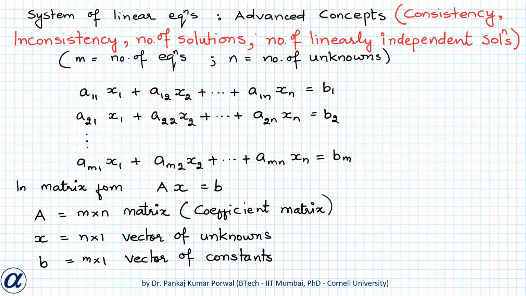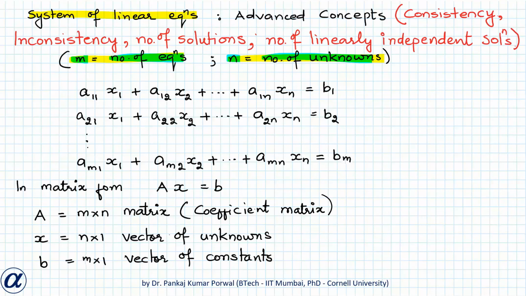In this lecture, we will learn advanced concepts for system of linear equations where the number of equations may or may not be equal to the number of unknowns, and that's why we denote the number of equations by m and the number of unknowns by n.